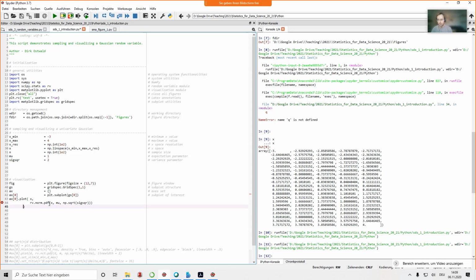Let's give it maybe a little bit of a bigger line width and have a look. Is everything fine? I think I gotta drag it too many.